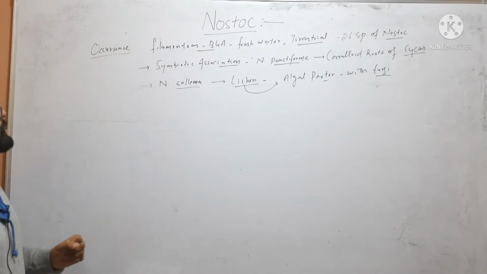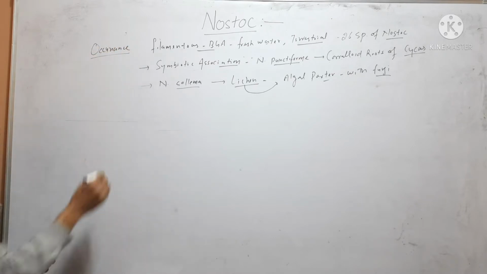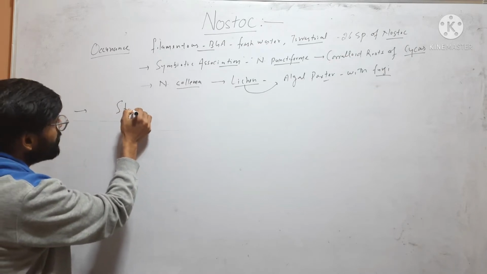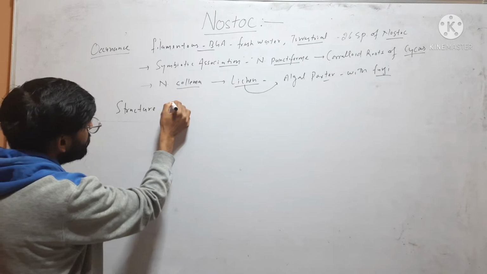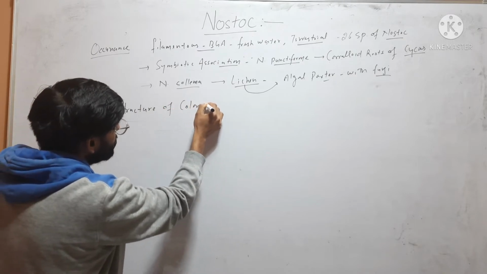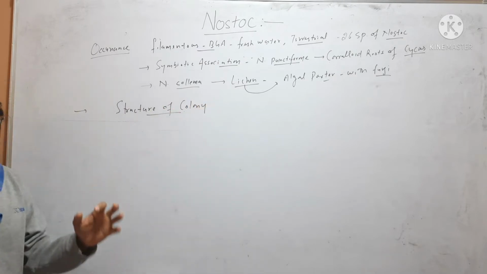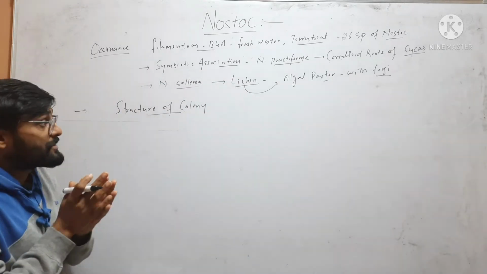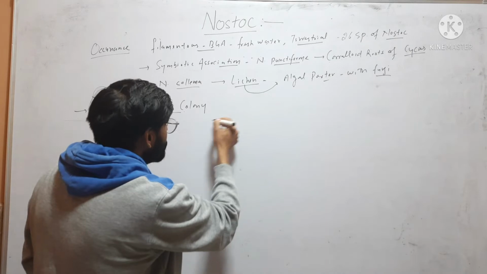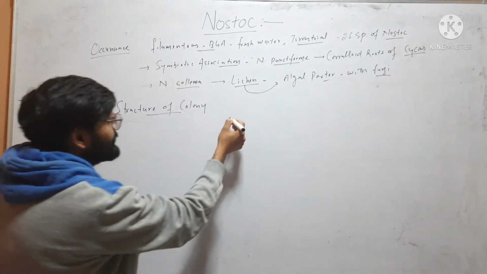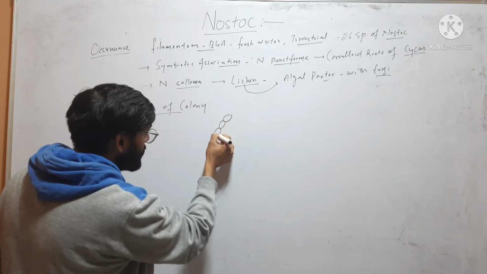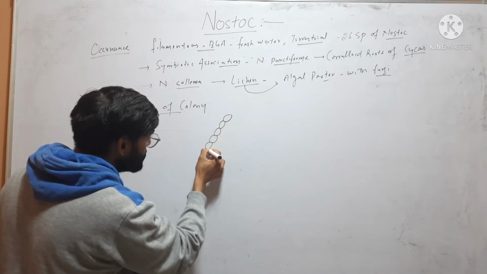Now, the structure of the colony. We know that Nostoc is found in colony forms and its colony is filamentous. Inside the colony there are many beaded or rounded cells in the form of filaments.